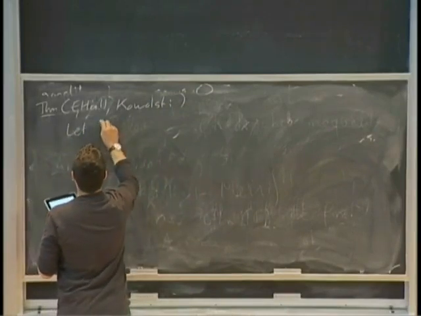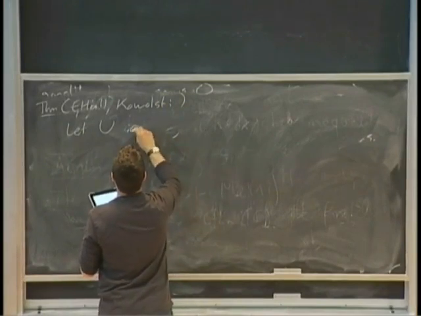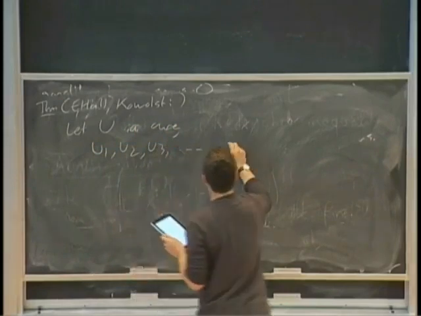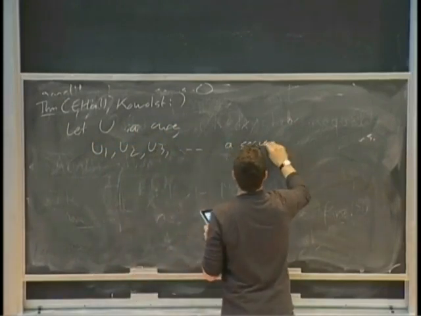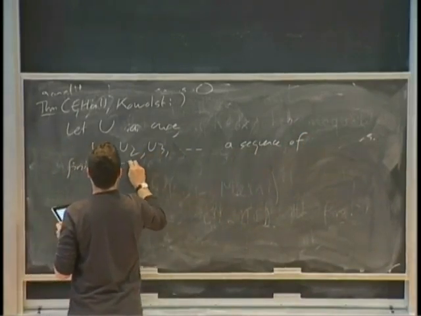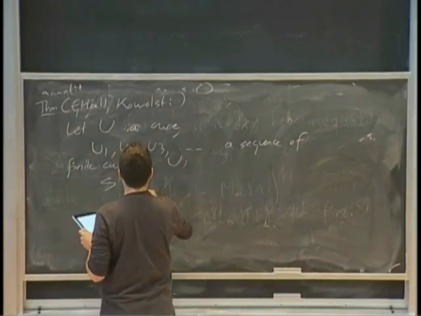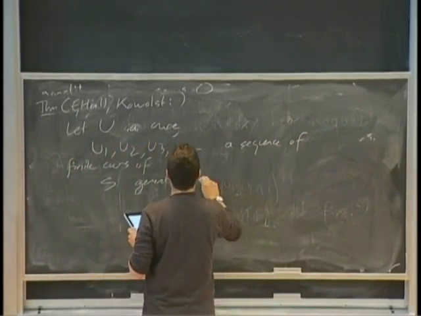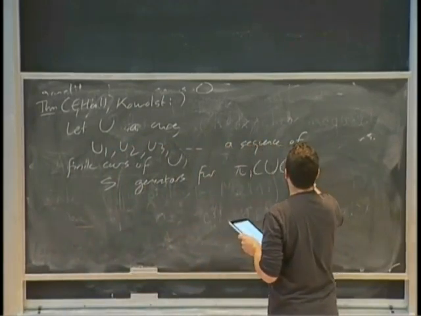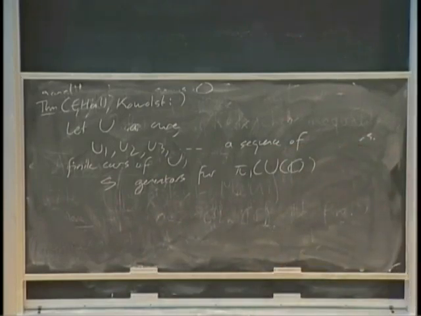So let U be a curve, and now I'm going to have a sequence, as I hinted at before, a sequence of finite covers of U, and let S be a generating set for the pi 1 of this curve. Maybe to be really emphatic about it, the pi 1 of the complex points of this curve, since I'm thinking of it as an algebraic curve.